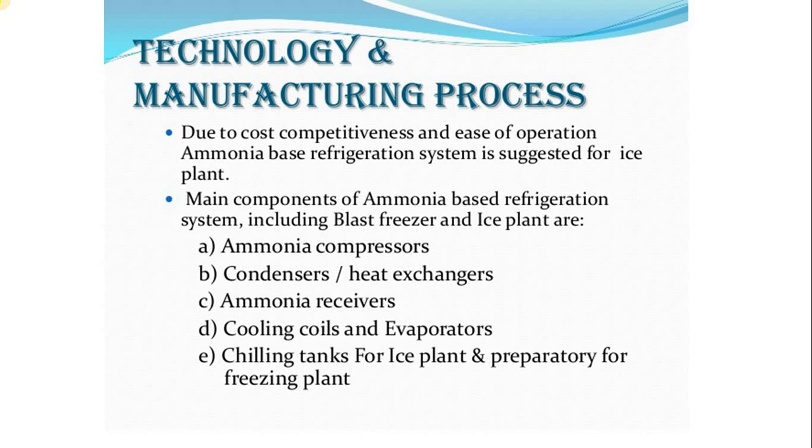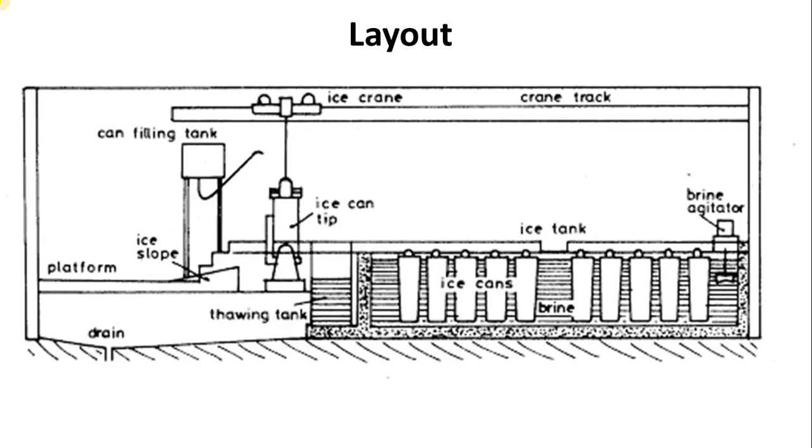Fourth is the cooling coil, which you can call the evaporator, required to produce the cooling effect. Similarly, the chilling tank for the ice plant and preparatory for the freezing plant is most important. This is generally the layout of the ice manufacturing unit.